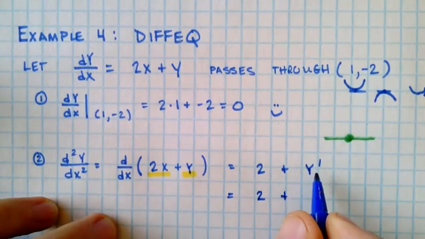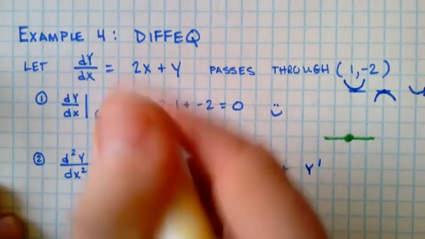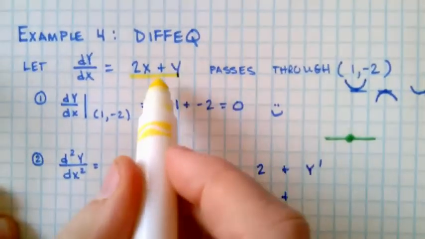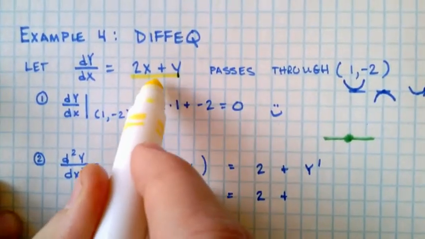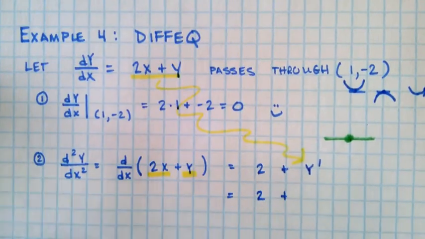So I'm going to replace y prime with what it's equal to, which is this right here. So let's grab that. Let's bring it down, circus style. Let's plug it in right here.